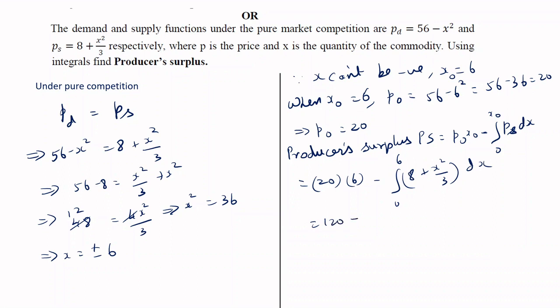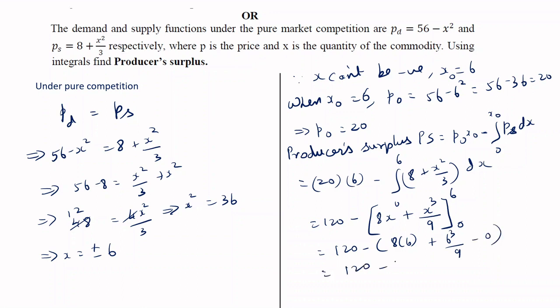So this is 120 minus, when we integrate this, we get 8 integral dx is x, plus 1 by 3 into integral x squared dx is x cubed by 3, that is x cubed by 9, with the limits 0 to 6. So this is 120 minus, when we substitute the upper limit, it is 8 into 6, 48, plus 6 cube by 9 minus lower limit is 0.